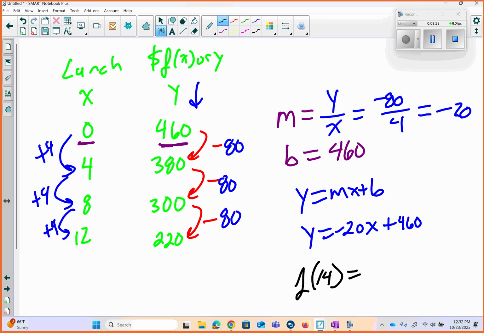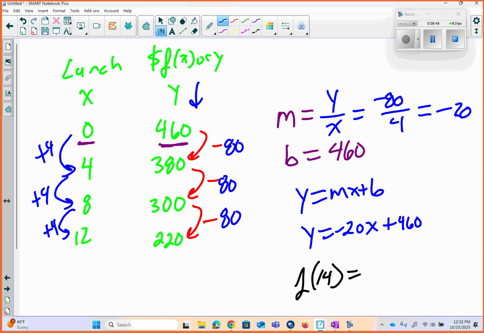On my graph that I have up there, I'm subtracting 80 each time I go down the x. So does that mean my lunch costs $80 per day? No. Our lunch costs $80 for 4 days.